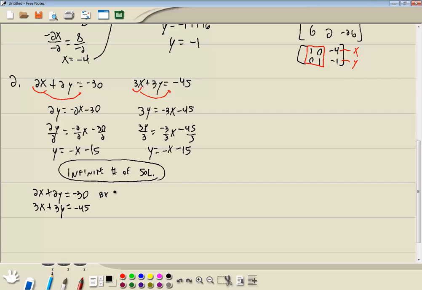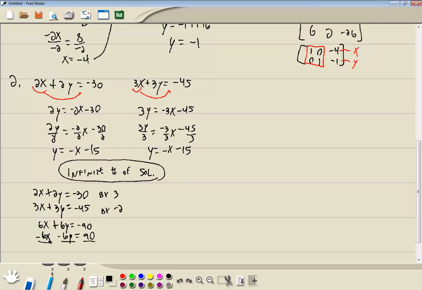I'm going to multiply this first equation by 3, and I'll multiply the second equation by negative 2. Sometimes you have to multiply both equations by a number. So that gives us 6x plus 6y is equal to negative 90. This one would give us negative 6x minus 6y is equal to positive 90.